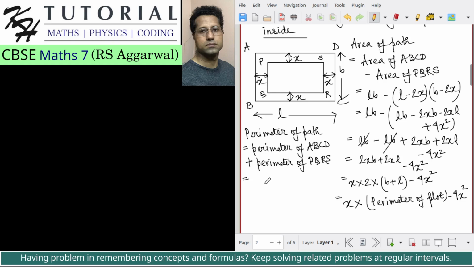What is the perimeter of ABCD? It is the perimeter of the rectangular plot. So it is 2 multiplied by L plus B, and plus, what is the perimeter of PQRS? It is 2 into the length of PQRS, L minus 2x, and the breadth, B minus 2x.